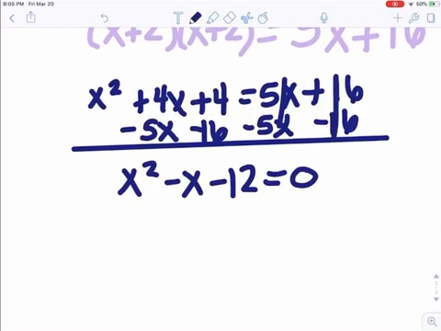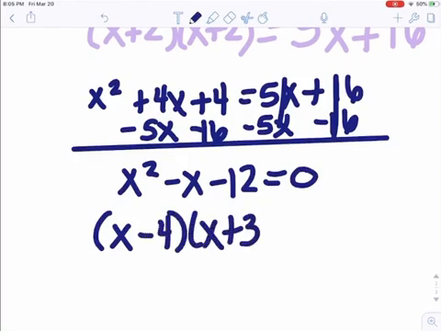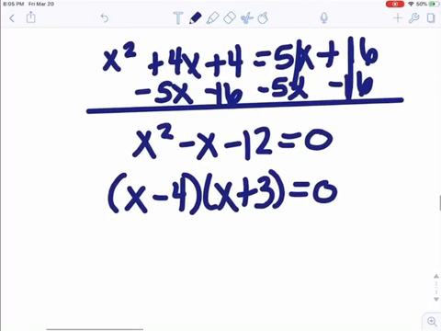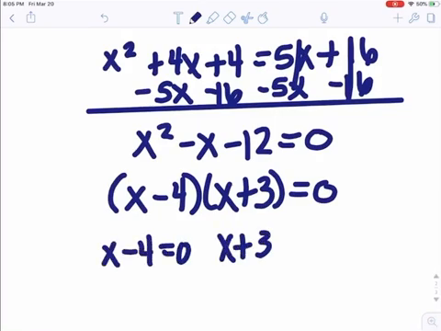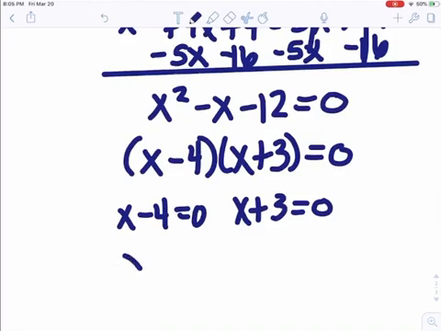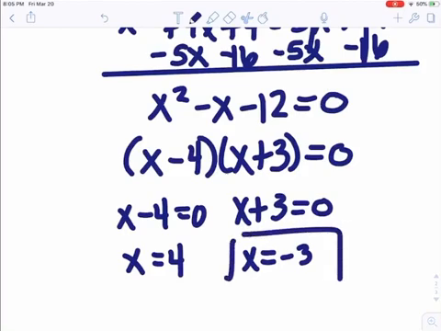Okay, now that it's set equal to 0, I'm going to go ahead and factor. I get x minus 4, x plus 3 equals 0. Set both equal to 0. So my two answers are x equals 4 and x equals negative 3.